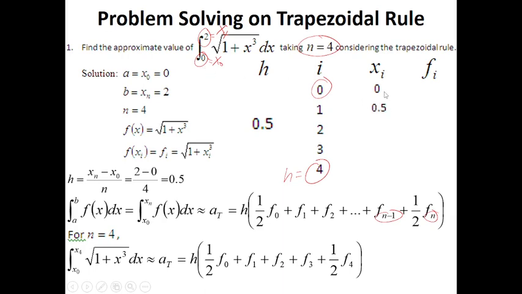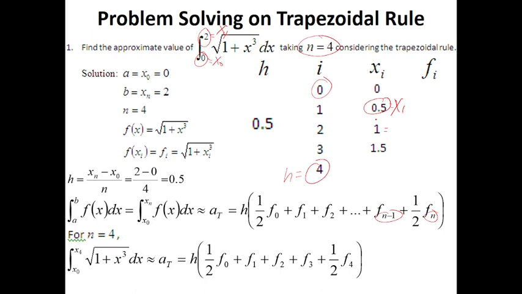Then we add h, x sub 0 plus h, we get x sub 1. So this is x sub 1, which is 0.5. Then 0.5 plus 0.5, we get 1.